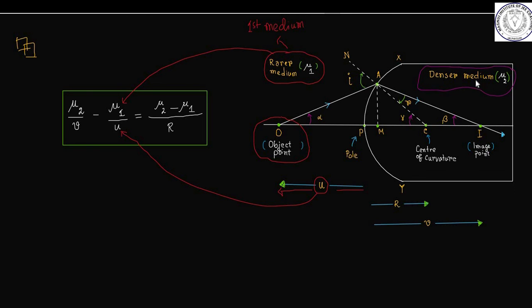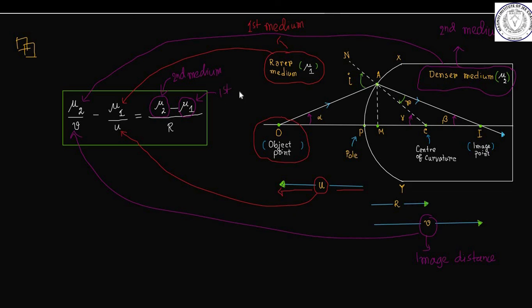The denser medium is the second medium in which the real image I is formed, and its refractive index, mu2, is used at this position in the given relation, with image distance V. Mu2 minus mu1 divided by R means radius of curvature.